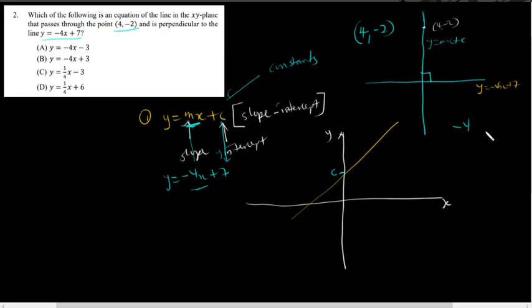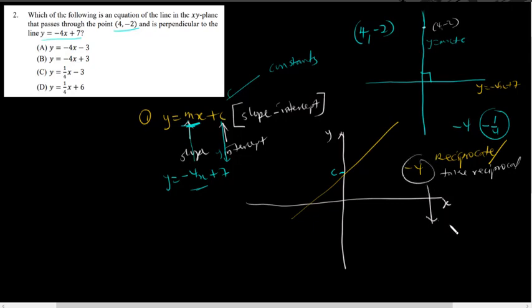If you reciprocate -4, you have -1 out of 4. Let me say this again. I'm saying that if you take the number -4 and you take the reciprocal, you get -1 out of 4.